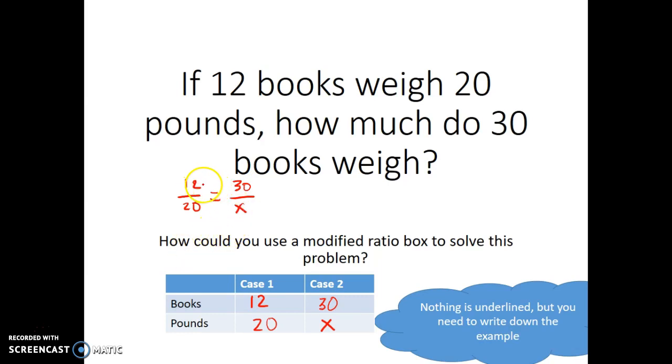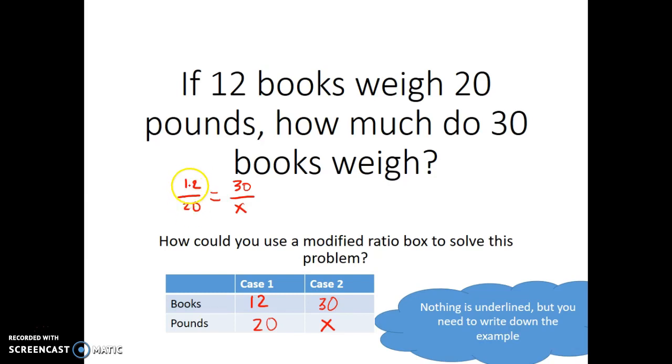Once I have that, of course, there's some different ways of solving. We could say, what is it that I could multiply 12 by to get 30, and then multiply 20 by the same thing? That might be a little bit easier to do if we reduced this first. Or I could also set up my cross products as being equal to each other. I do like to just work with smaller numbers, and I know that 12/20ths can be reduced.